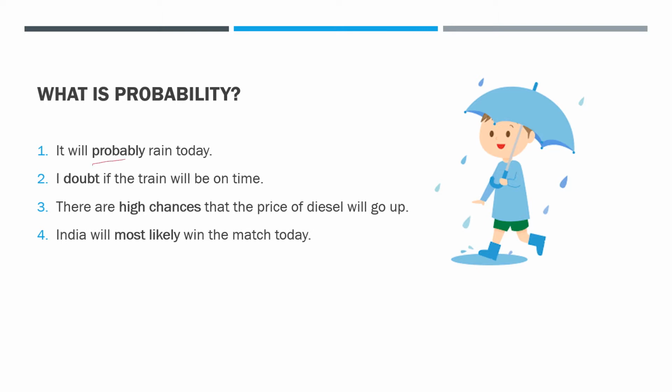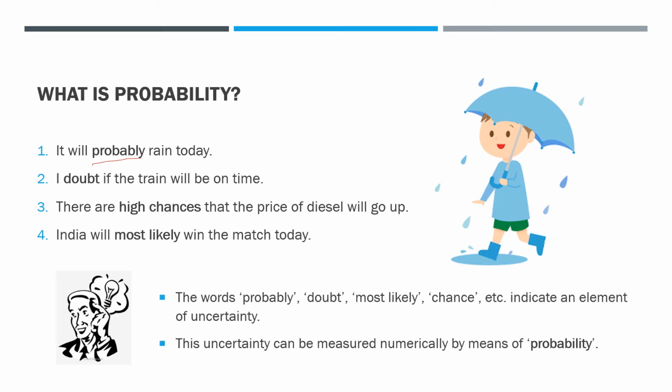Probably. And a similar thing can be mentioned about the other statements also. So all these words that are in bold here indicate a level of uncertainty. In mathematics, such uncertainty can be measured numerically using probability.